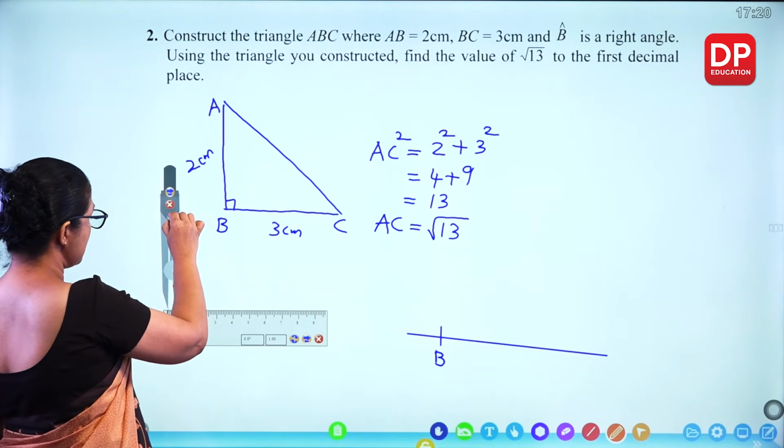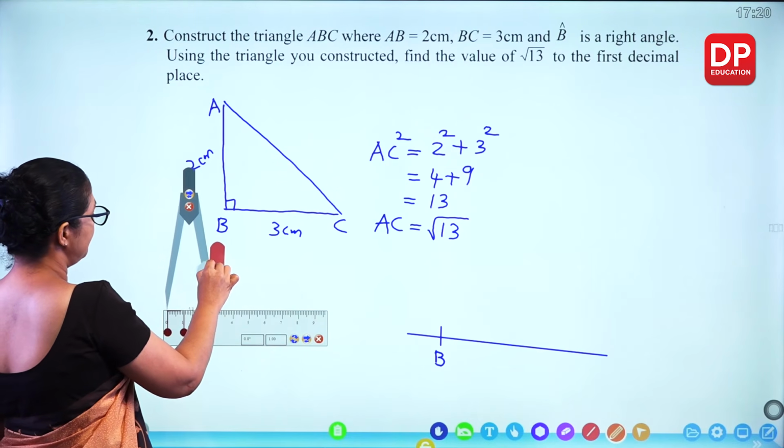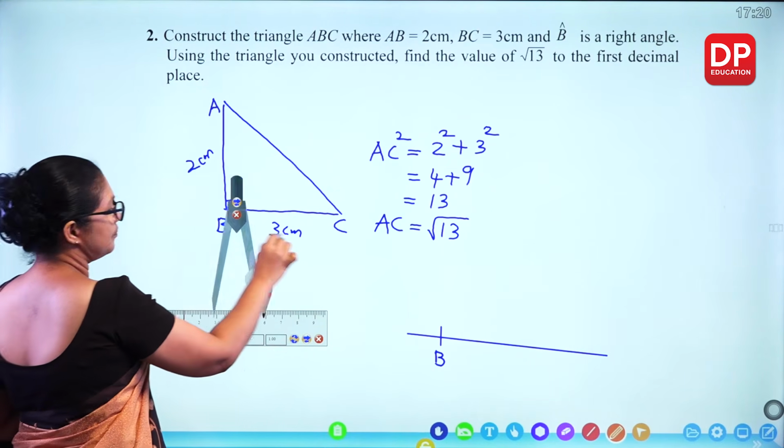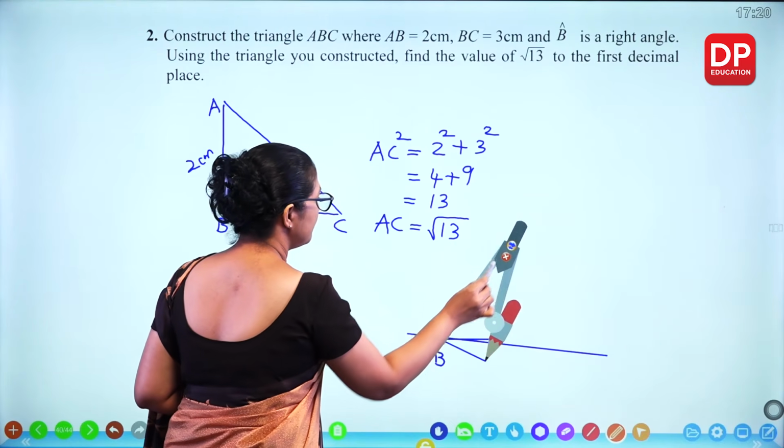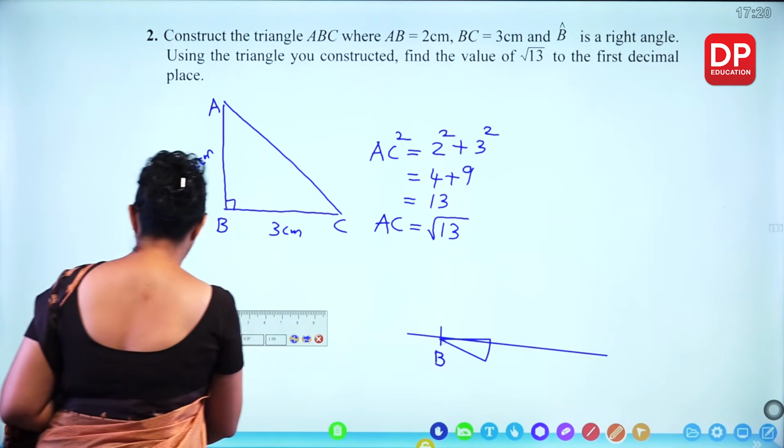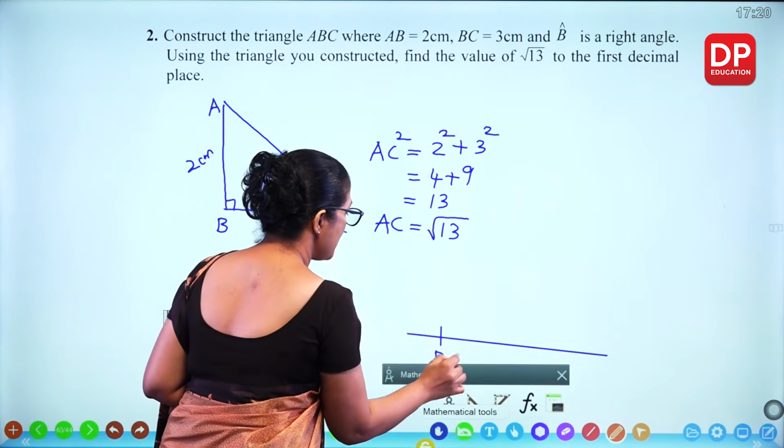So we'll take 3 centimeters from here. Mark the point C. Take the compass.